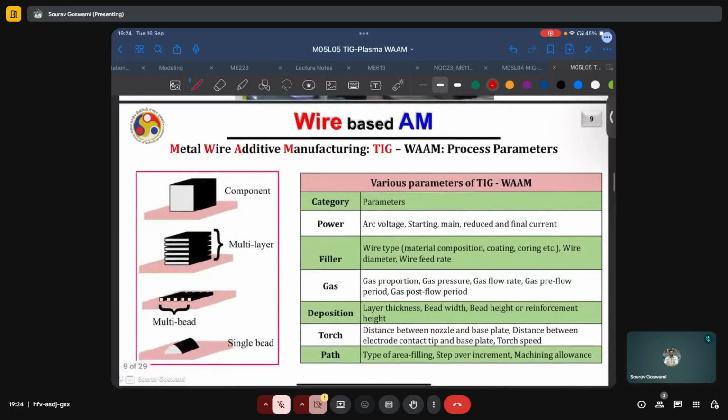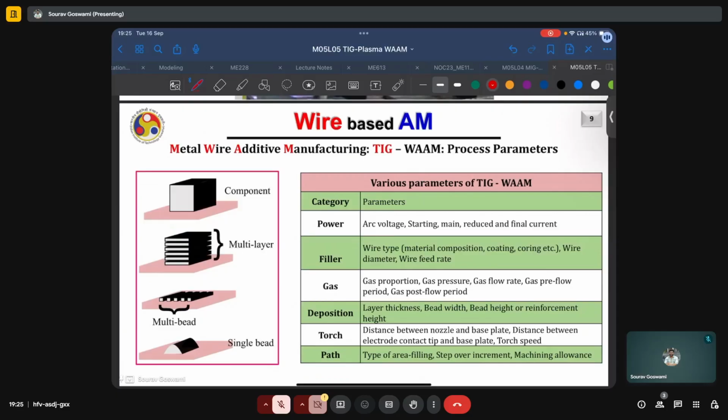Similar to MIG WAAM, in TIG WAAM also the crucial parameters for controlling the process are the power in terms of the arc voltage, the starting, main, reduced, and final currents; the filler material in terms of the wire type, its material composition, coating, coring, etc., wire diameter, wire feed rate; the gas proportion, gas pressure, gas flow rate, gas pre-flow period, gas post-flow period are to be considered.